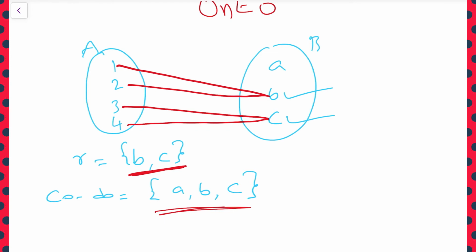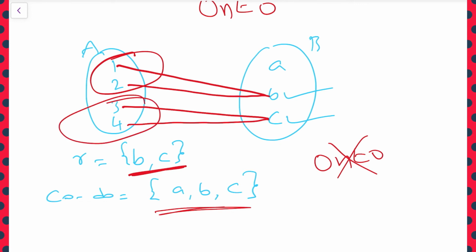Range and codomain are not equal, so it is not an onto function, not a surjection. Then shall I call this an injection, that is a 1-1 function? Obviously no, because 1 and 2 both have the same image b, 3 and 4 both have the same image c. So this is not an injection, and this is not a surjection.